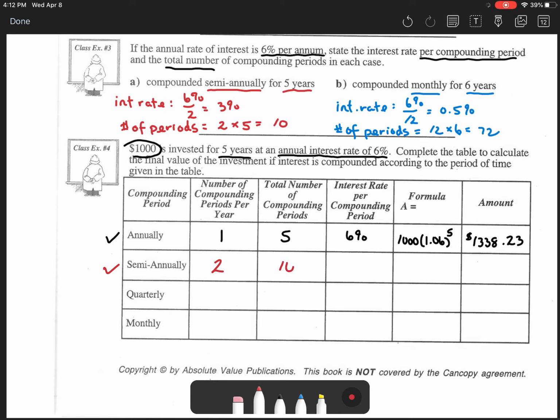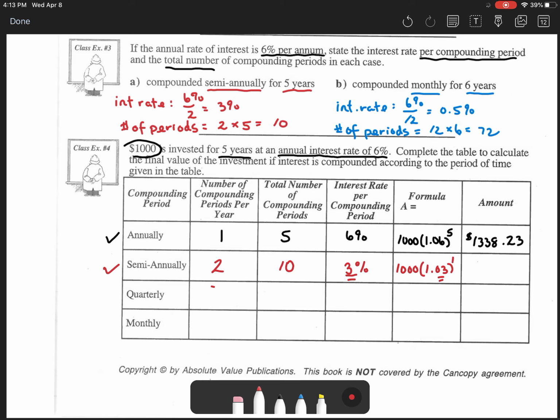Now I move on to semi-annually. Well, semi-annually means what? Twice a year. So twice a year for 5 years means there's going to be 10 compounding interest periods. Now, I'm getting interest of 6% for the full year, but I'm collecting interest twice a year. So they're only going to give me 3% every time I collect interest. So when I go into my formula, watch carefully now, this is actually 1.03, that comes from right here.